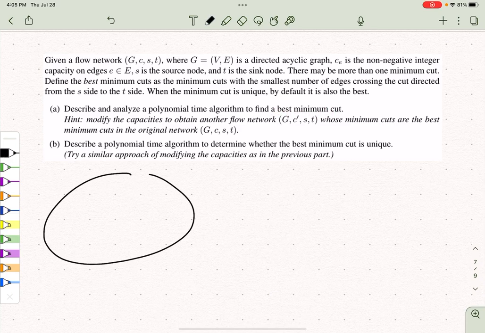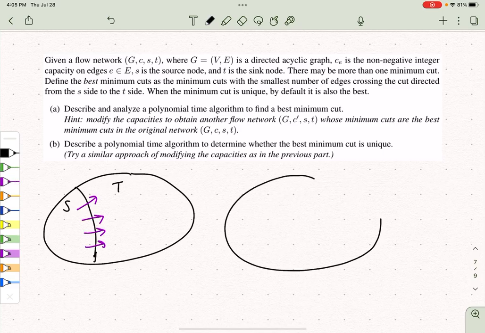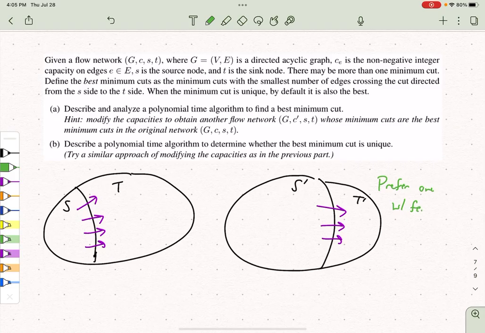So for example, if you had some ST cut and it had maybe 4 edges, and there was a different S prime T prime cut and it had 3 edges, you want to prefer the one with fewer edges.